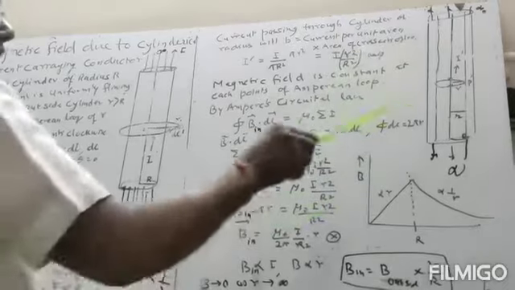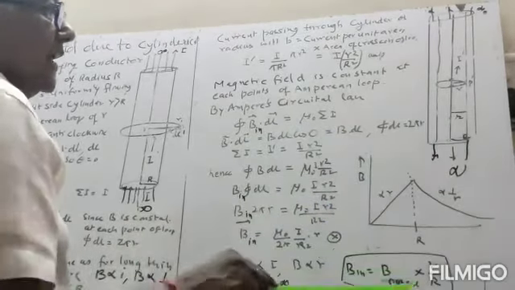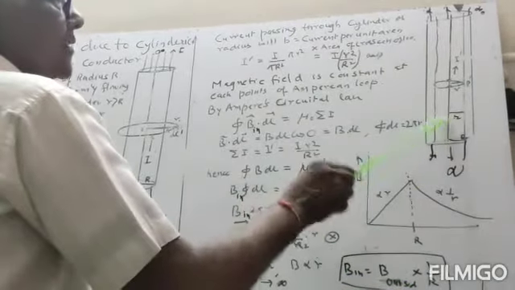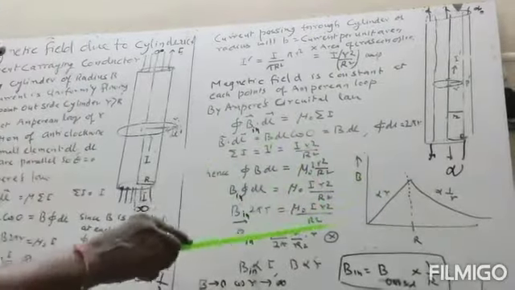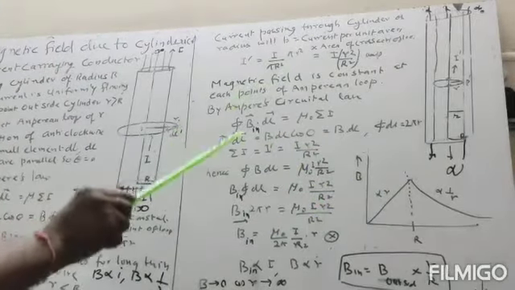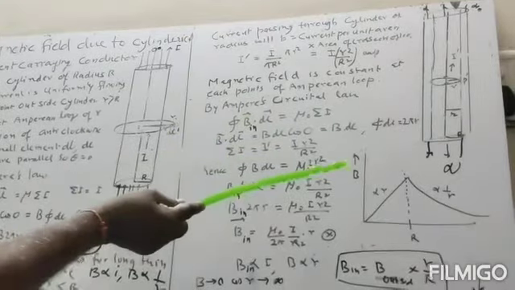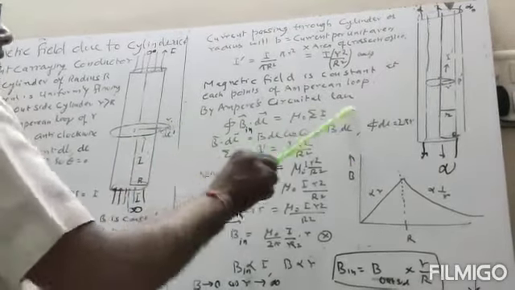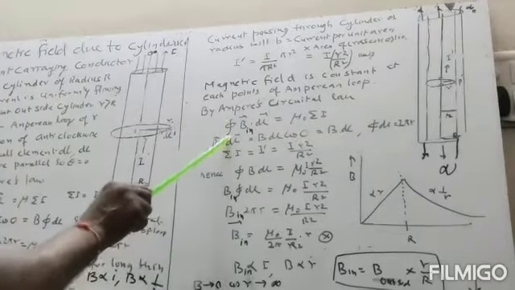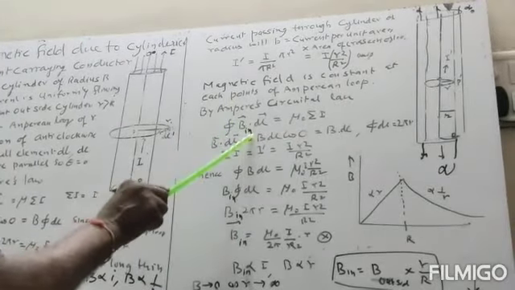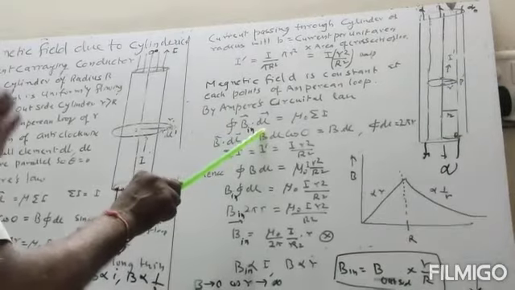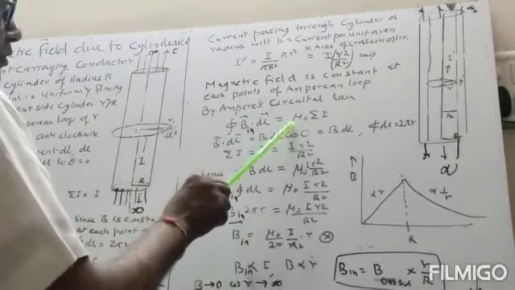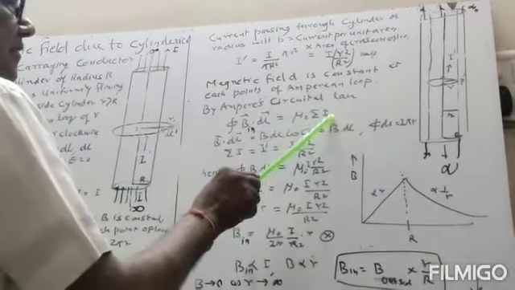So the current we will consider inside the loop is I dash, not I. Now we will apply the Ampere circuital law. By Ampere's circuital law, the line integral of B dot dl will be equal to mu 0 times the summation of I.